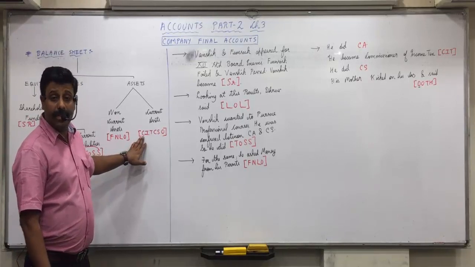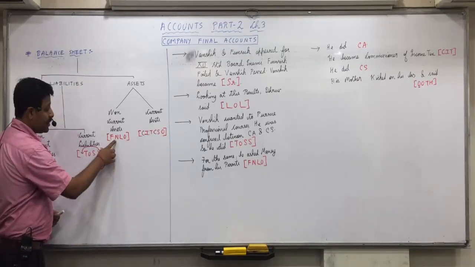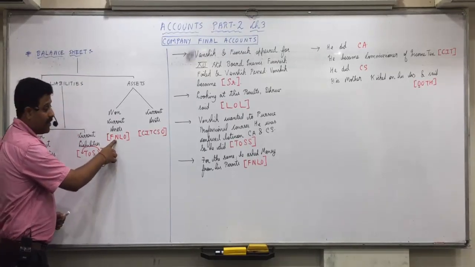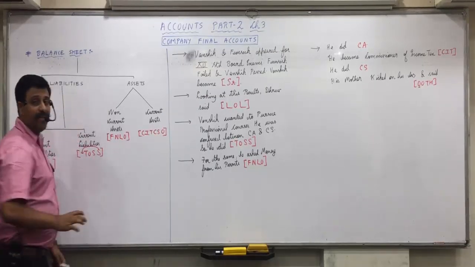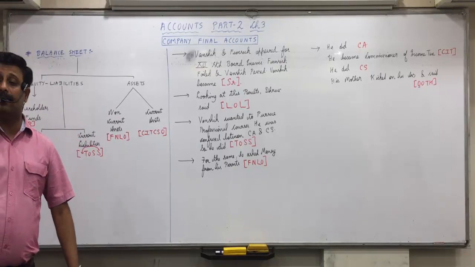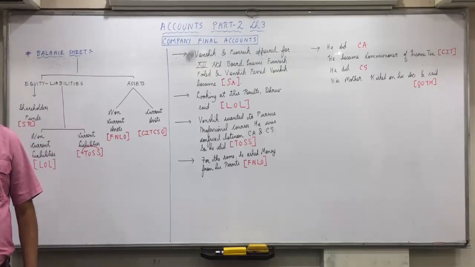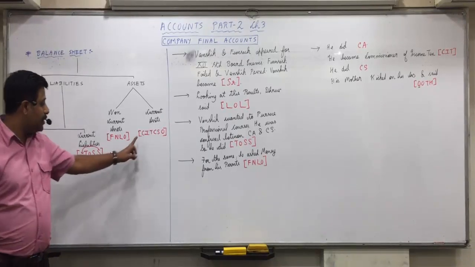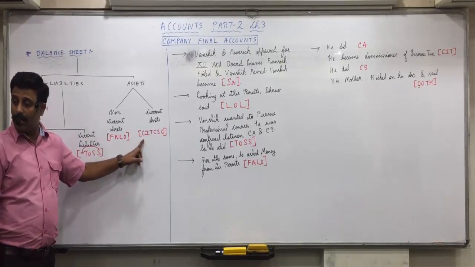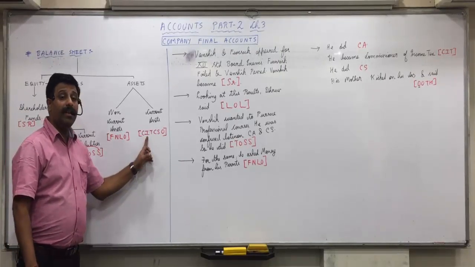Current investment. This is non-current investment, current investment. If you have made investments in debentures for 5 years, non-current investments. But if you have invested in shares which you intend to sell in 3 months only, then that is current investment. Okay. Inventories.